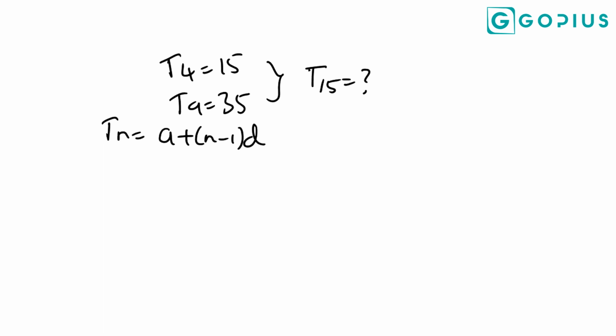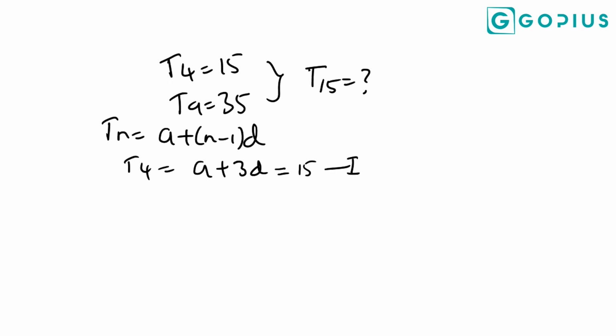So if the fourth term is 15, mathematically using the formula, our fourth term T4 would be a plus 4 minus 1, which is 3. So we have a plus 3d. A plus 3d is the formula for finding the fourth term, and this is equal to 15. We call this equation 1.